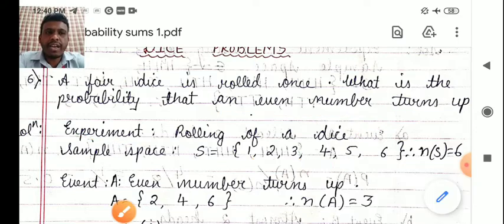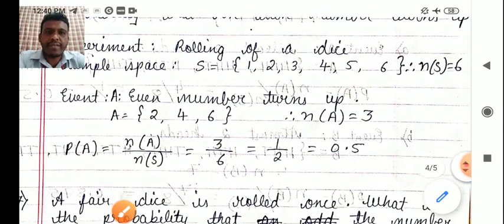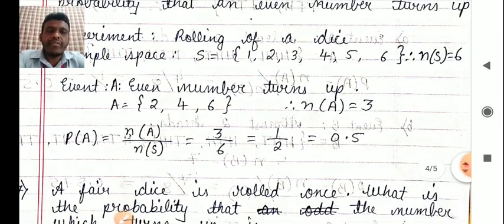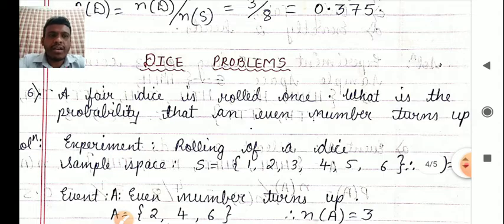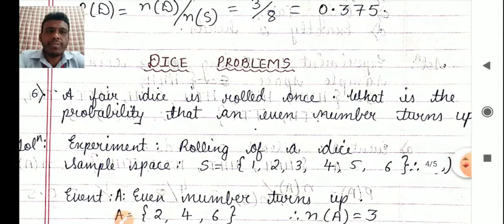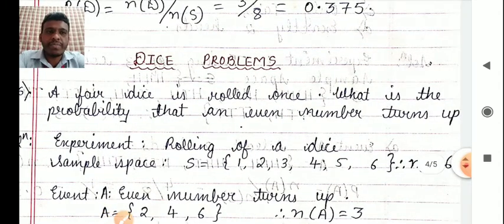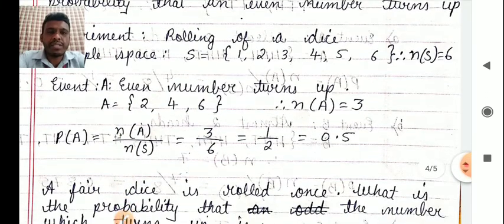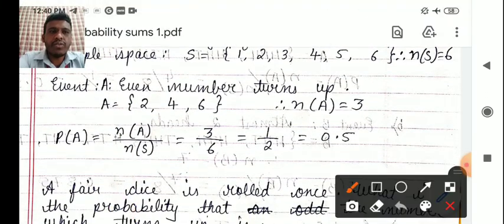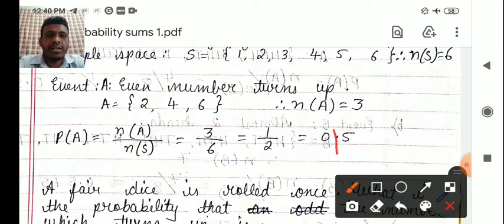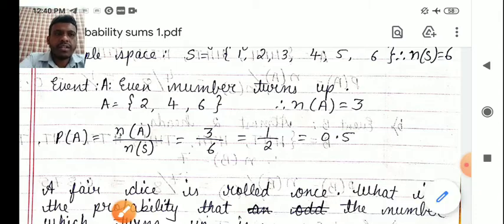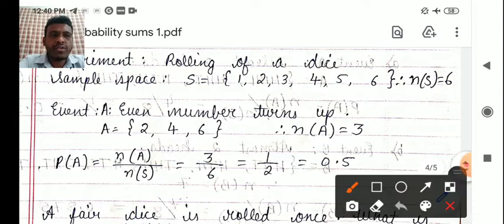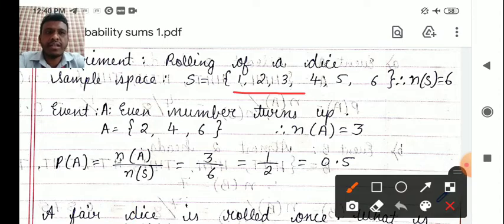Now the event A that we are interested in is an even number. They have asked us what is the probability that an even number comes up. Now let's concentrate on our sample space. Out of this, how many numbers are even?